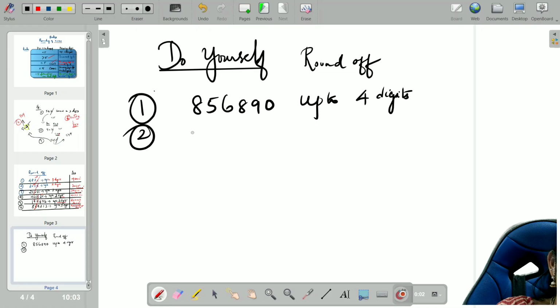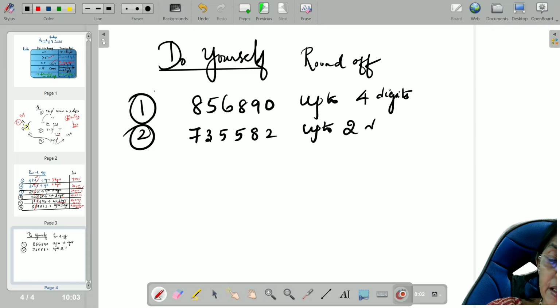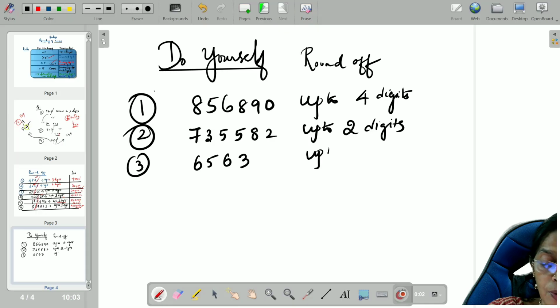Number 2. 735,582 up to 2 digits. Number 3. 656,3 up to 3 digits.